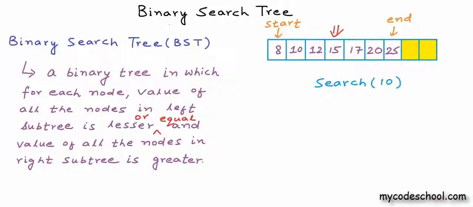If the element being searched is lesser, we go searching in the left half, else we go searching in the right half. In case of equality, we have found the element. In this case 10 is lesser than 15, so we will go searching towards left. Our search space is reduced now to half. Once again we will compare to the mid element and bingo, this time we have got a match.